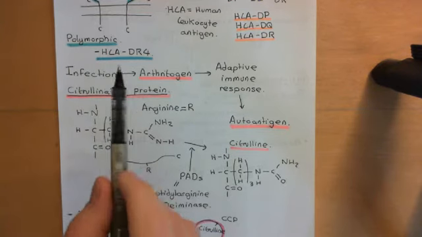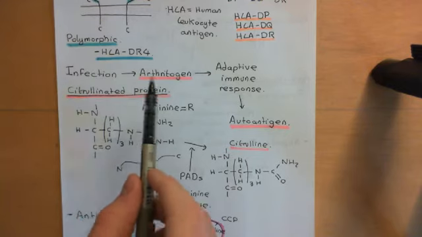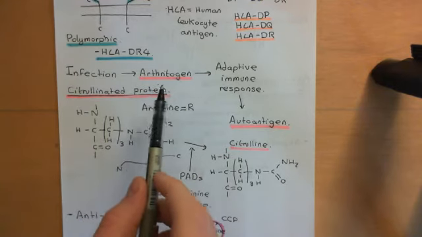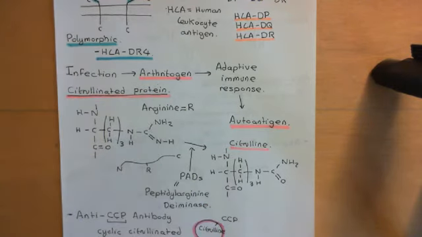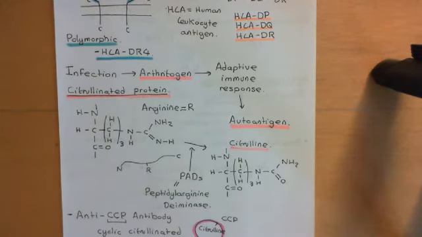So you launch an adaptive immune response against an epitope containing a citrulline residue, and that causes you to break the immune tolerance for these citrullinated proteins present in the synovial joints.